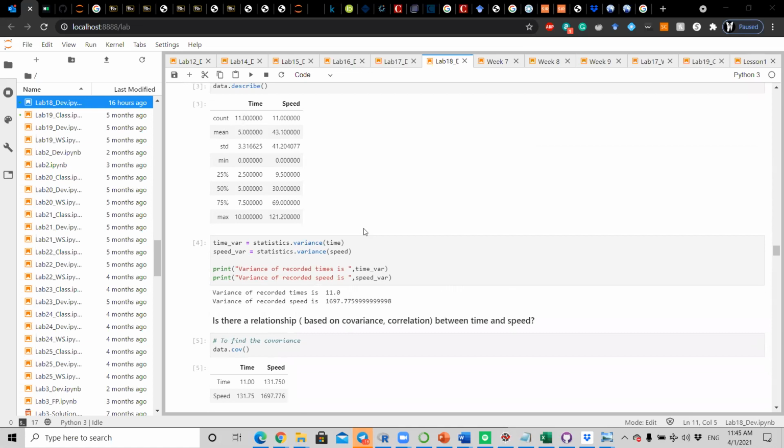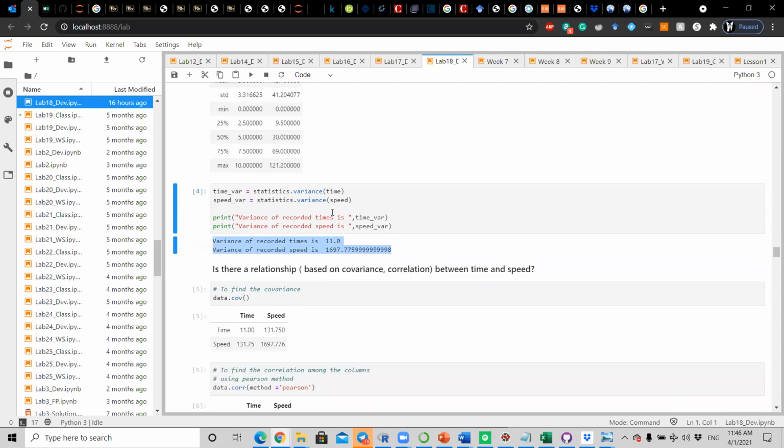You're using from statistics the variance function, and then you're printing what you defined that function to be. Okay. And what is the variance for each one? For the first one it is 11, and for the second one it is 1697.78. Awesome. Thank you very much.